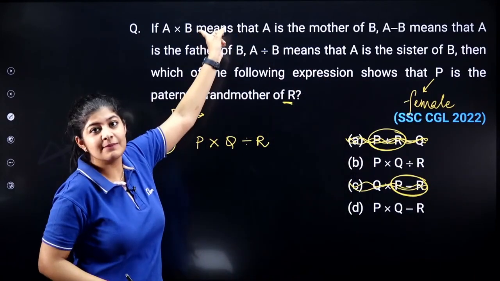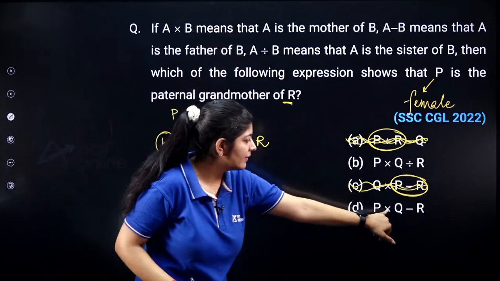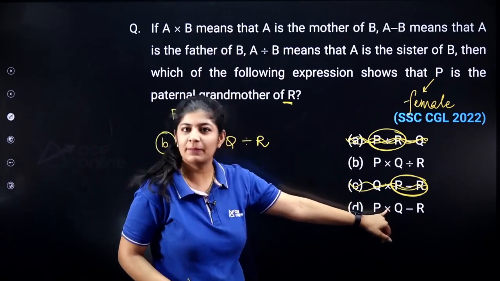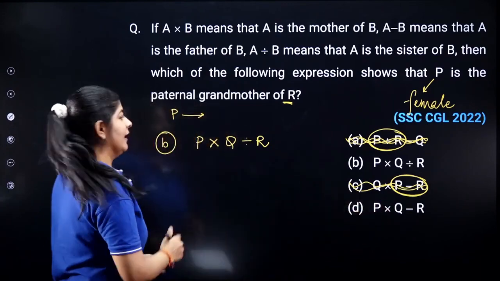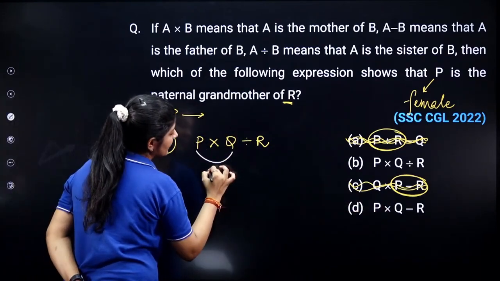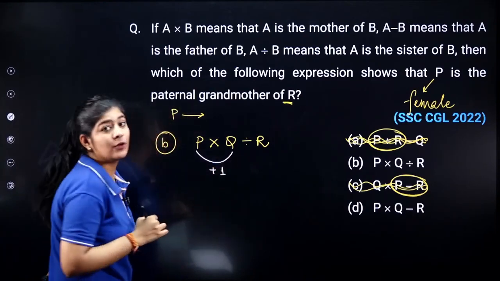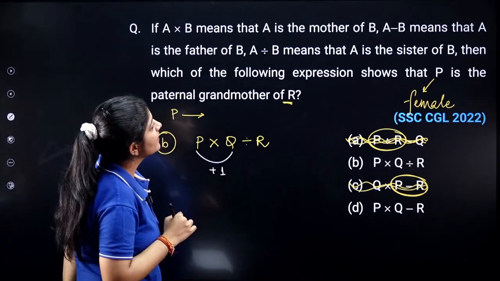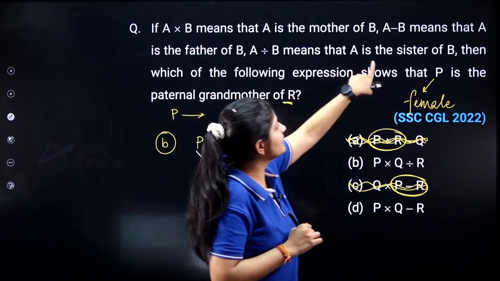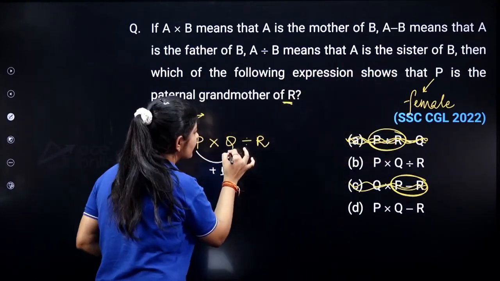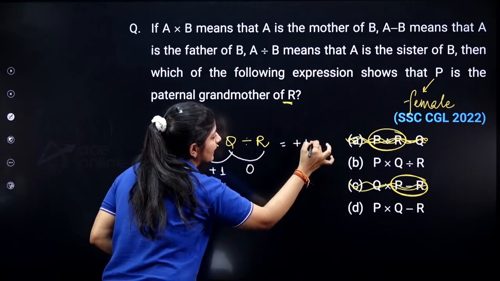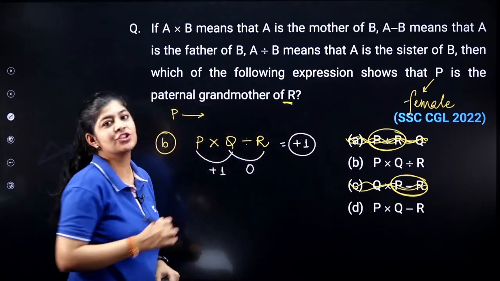Yes, because of this multiplication sign. Next one, again we have a multiplication sign, so we can say that P is a female. If I talk about the generation gap, here P is a mother, that means I am getting +1 over here, right? Next, Q divided by R. Here, this means sister. That means the generation gap is equal to 0 and I am ultimately getting +1 as a generation gap.